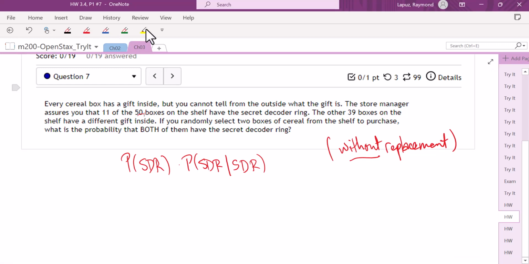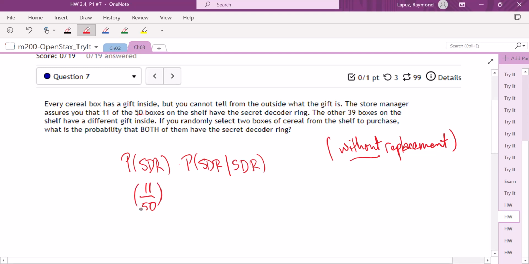Okay, so let's figure out the probabilities, and the probabilities are basically what they give you here. So there's 11 out of 50 boxes on a shelf that have a secret decoder ring. So if you have 50 boxes on a shelf right now and you pick one of them, the probability that you're going to get the decoder ring is 11 out of 50. Now, if you take that out and say you got that decoder ring on the first box, what's the probability that you're going to get the secret decoder ring again, given that you've already selected the secret decoder ring?